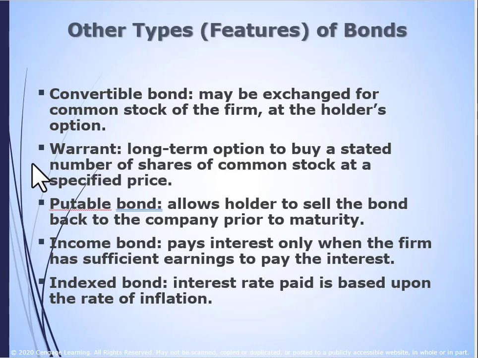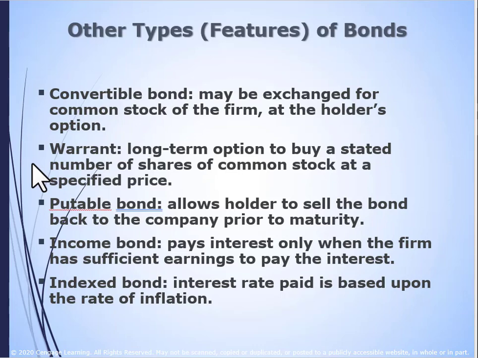So if a company's in trouble and they want to issue some debt and the public is hesitant to lend them money, they may attach these warrants to the bond and say, hey, look, if you give us this money today in the form of a bond, later on down the line, you can convert these warrants into shares when we do good things with this money, and you can make some profitability there.